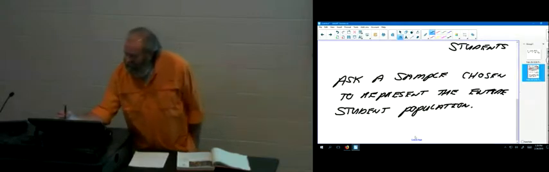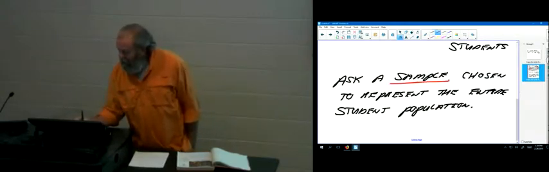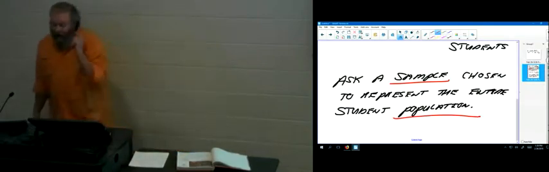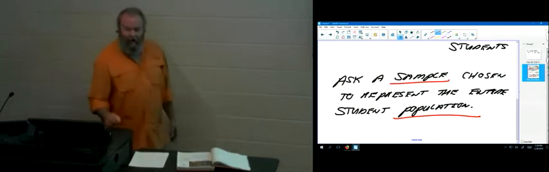There's 2 words I'm going to underline here. This idea of a sample and this idea of a population. Okay? Now, what this chapter is all about.